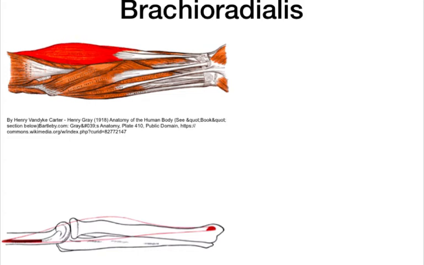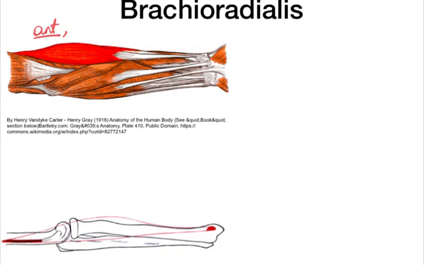So one of the things you're going to have to keep doing when you're studying with these slides is reminding yourself, okay, which arm am I looking at, and what is the direction of the arm? So first of all, I'll help you out for now, but for future slides, I'm not going to keep doing that. This is the anterior surface.